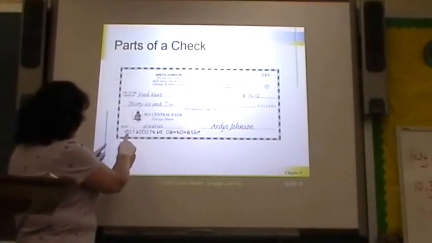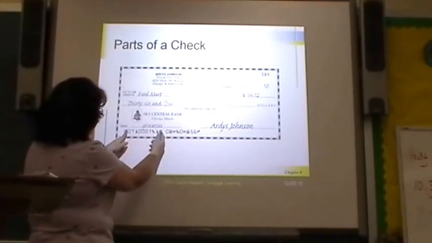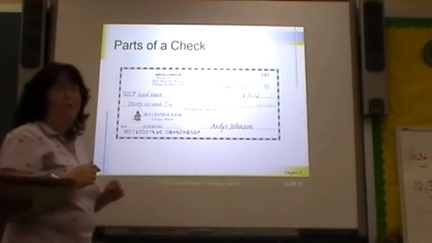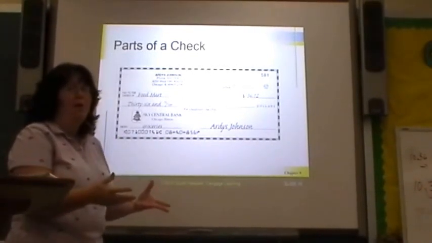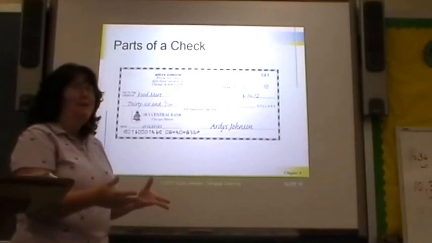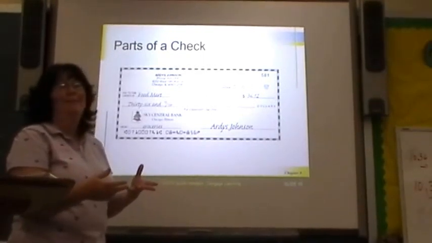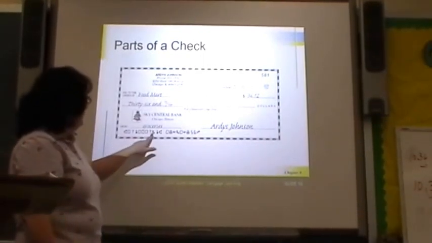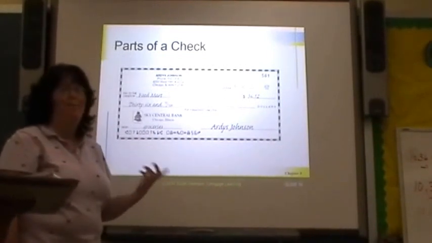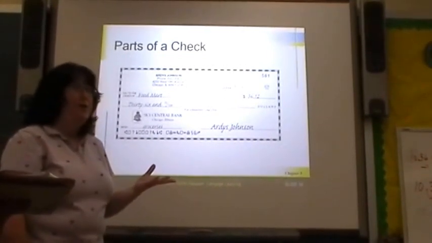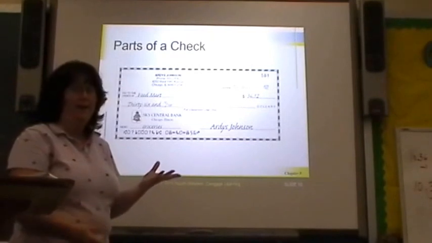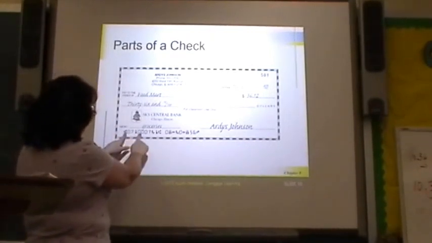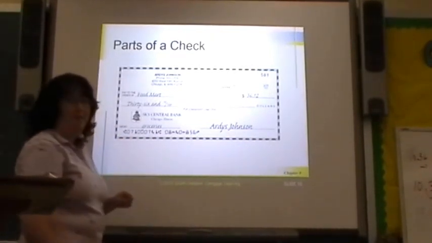The first series of numbers from here to here is the bank's routing number. So no matter where you are in the United States, each bank has been given a specific number, and that number is going to be unique to that bank. Therefore, everyone who has a checking account at that bank, this same series of numbers is in the first slot.